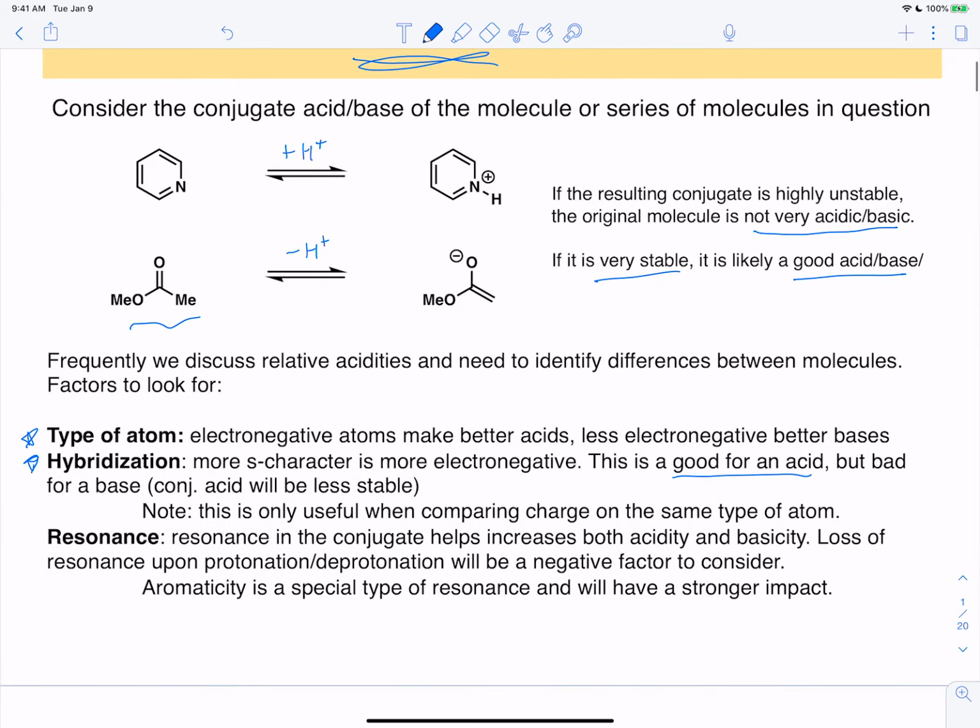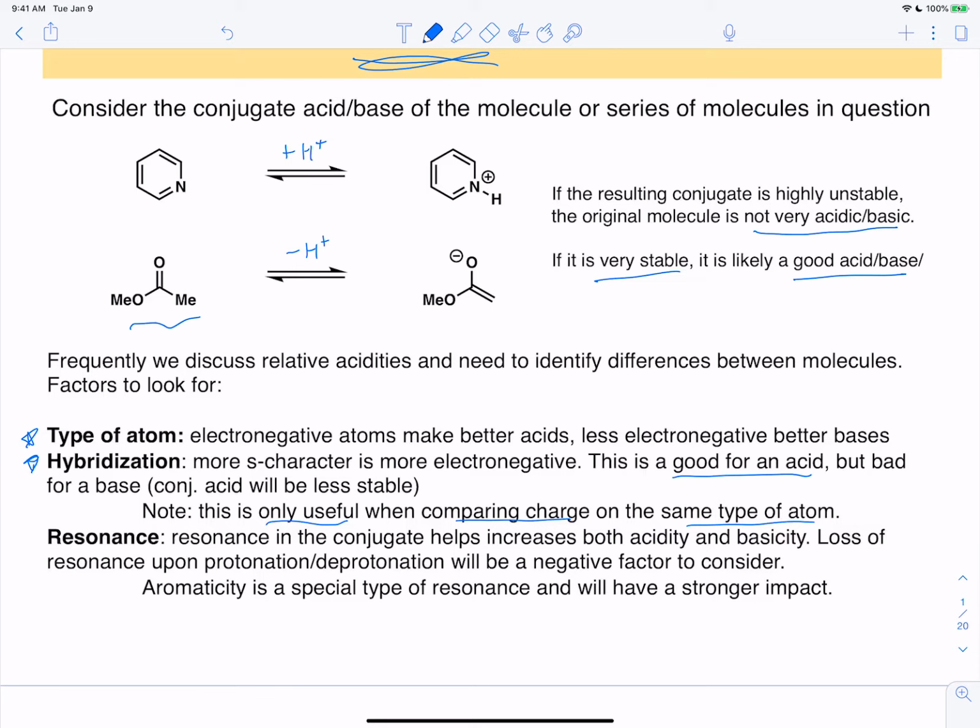Also remember, this is only useful when comparing charge on the same type of atom. So all of them are oxygens, all of them are nitrogens, or all of them are carbons. If you're trying to compare an sp2 oxygen to an sp nitrogen, this becomes a much more challenging comparison, and I probably wouldn't give you that situation unless we had a good reference point or it involved one of the pKas that we definitely know to use in that context.